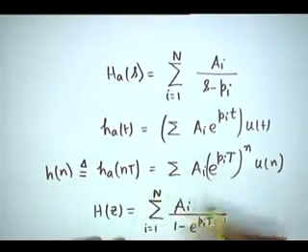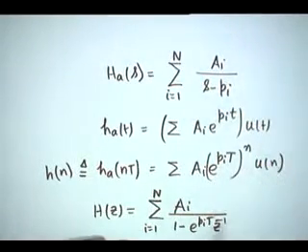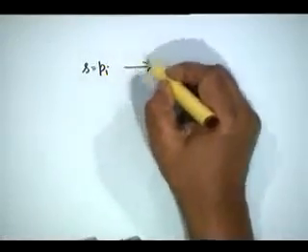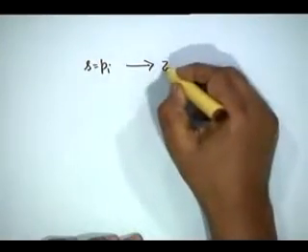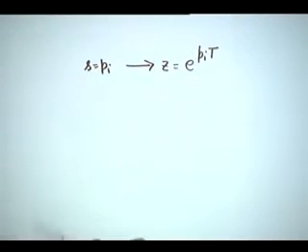You see, from the given analog transfer function, I go to the digital in a very simple manner. What do I do? I replace 1 by s minus p_i with 1 by 1 minus e to the p_i T z inverse, which means that the pole at s equal to p_i is transformed to the pole at z equal to e to the power p_i T. Now, if this transformation is to work, then a stable analog filter should be transformed to a stable digital filter, right?